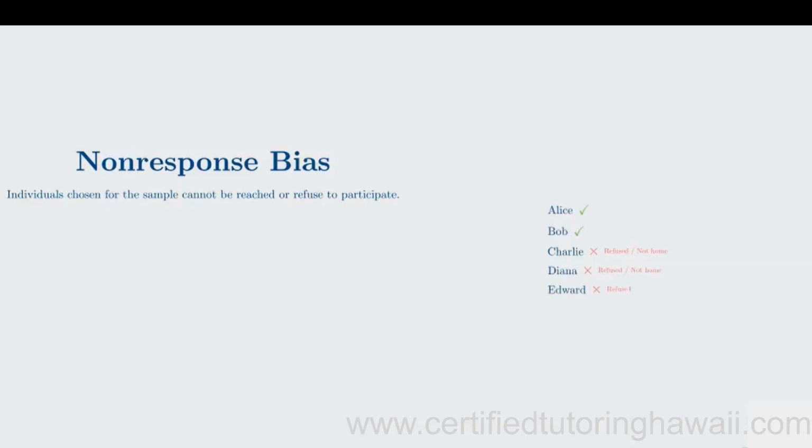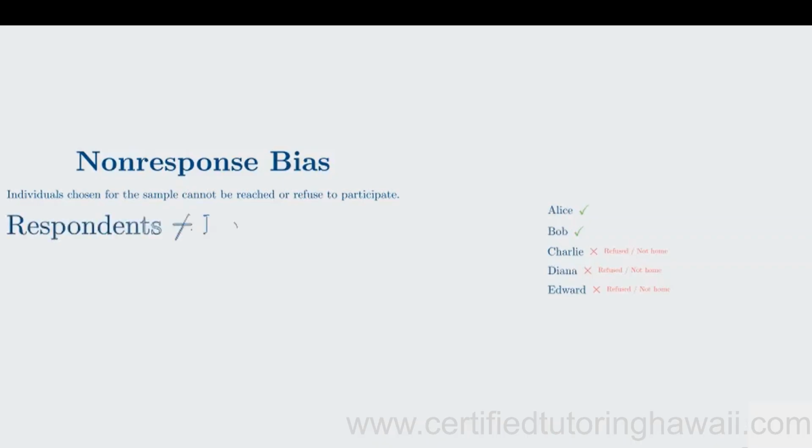Next, let's discuss non-response bias. This is often confused with undercoverage, but there is a key difference. Non-response bias occurs when individuals are actually chosen for the sample, but they cannot be reached or refuse to participate. Imagine you randomly select 100 people to participate in a survey about work-life balance. You call them during the day, but 50 of them don't answer because they are busy at work.